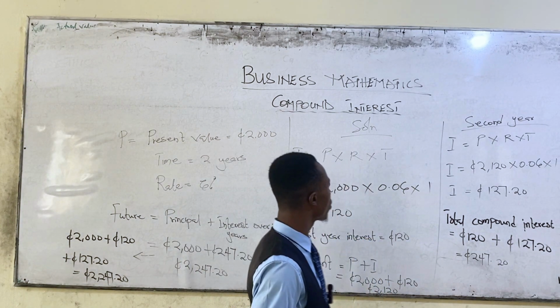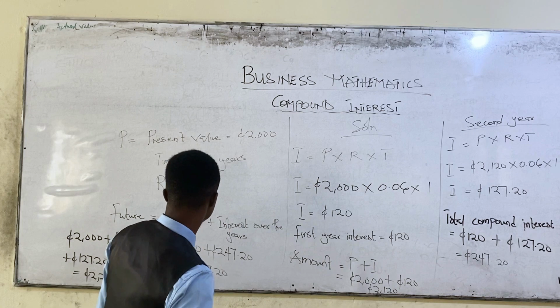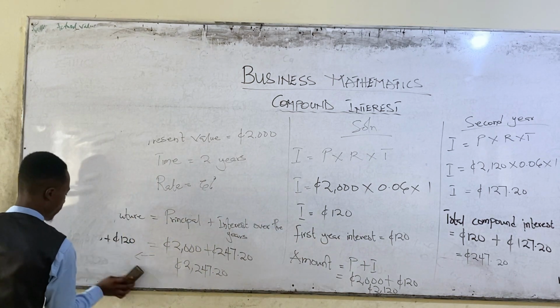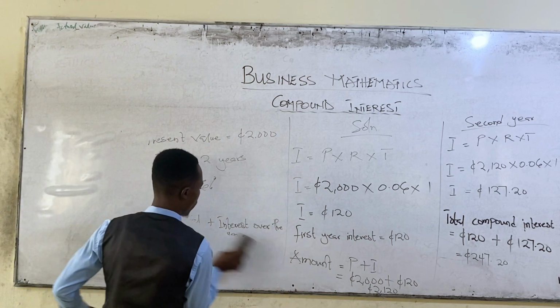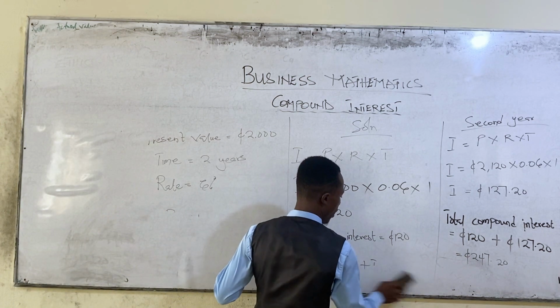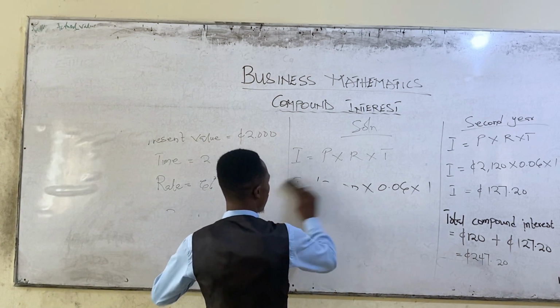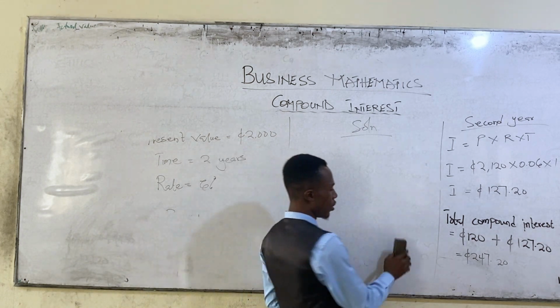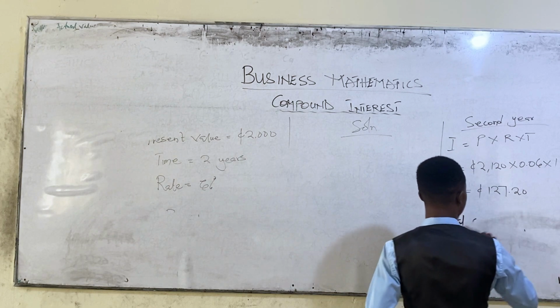Okay, now let's look at another question. So one thing that you have to take care of is when you are calculating any question under simple interest, here you are supposed to calculate the interest for every year.